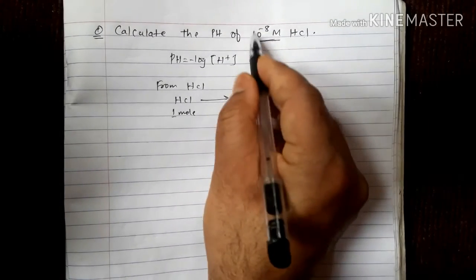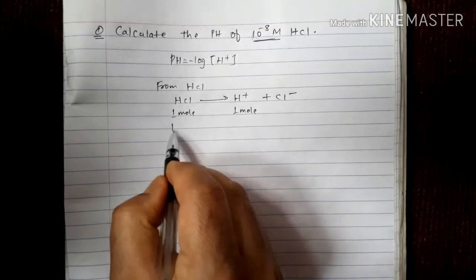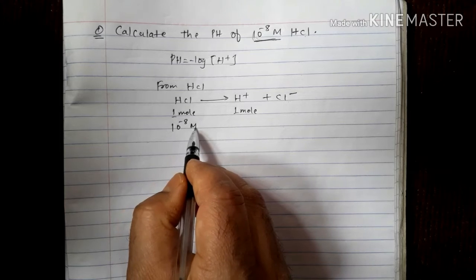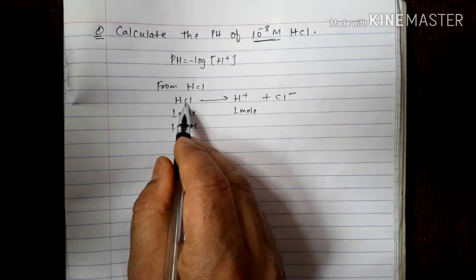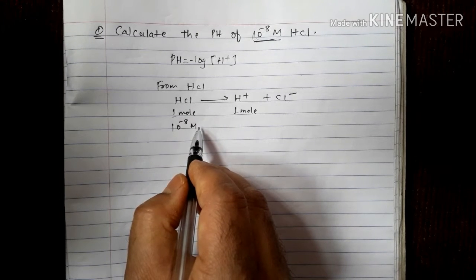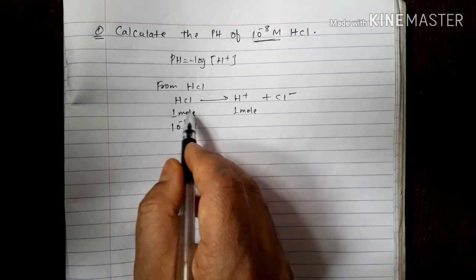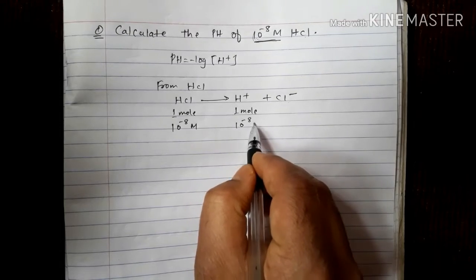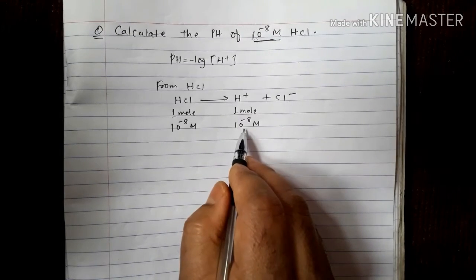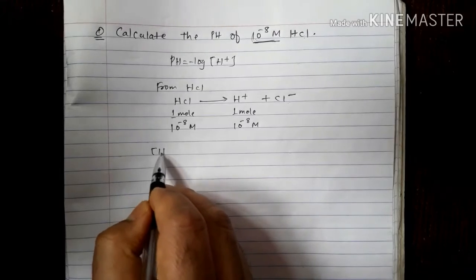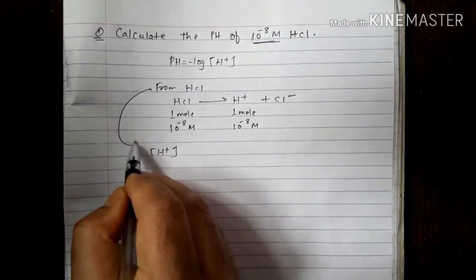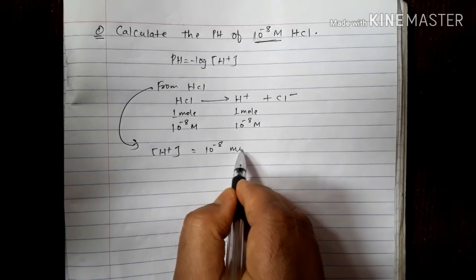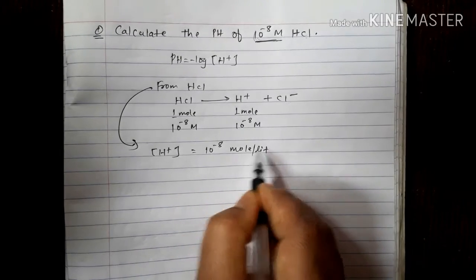Here the concentration is 10 to minus 8 molar, meaning 10 to minus 8 moles of HCl is dissolved in 1 liter. Therefore, after complete ionization, it produces 10 to minus 8 moles per liter H plus ion. So from HCl, the concentration of H plus is 10 to minus 8 moles per liter.